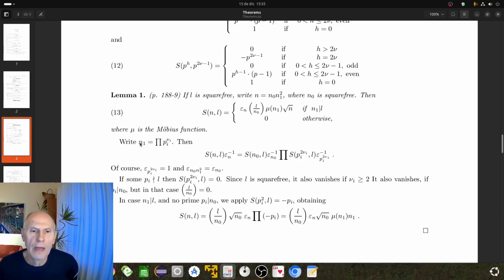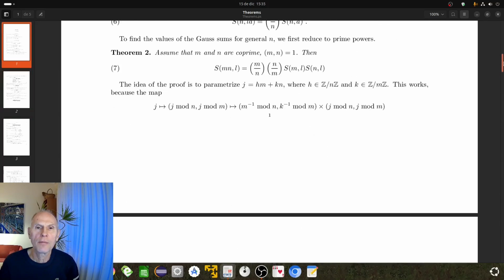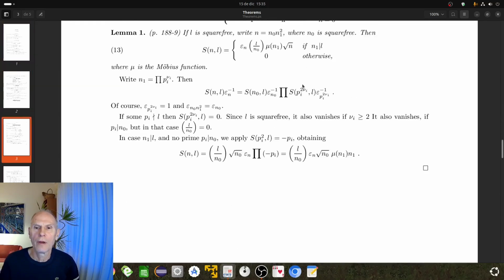We separate using the first theorem here, where we have nu I is larger than or equal to 1. In case Pi fails to divide L, then this vanishes. Oh, that's what I write here.